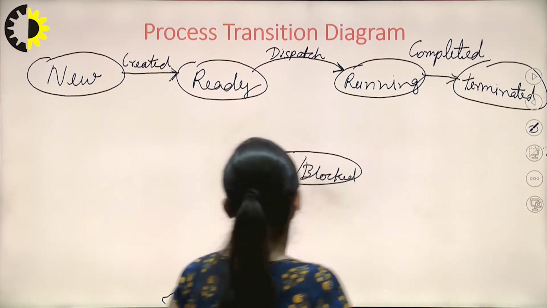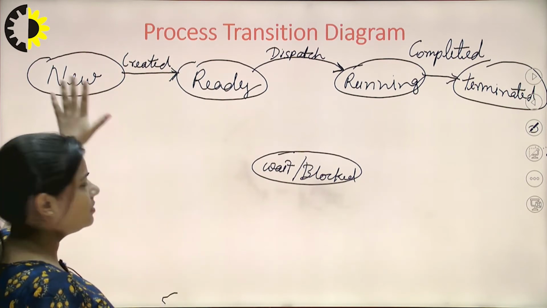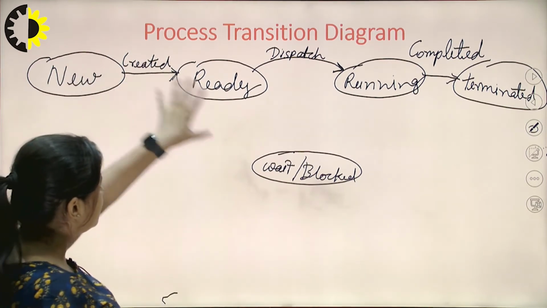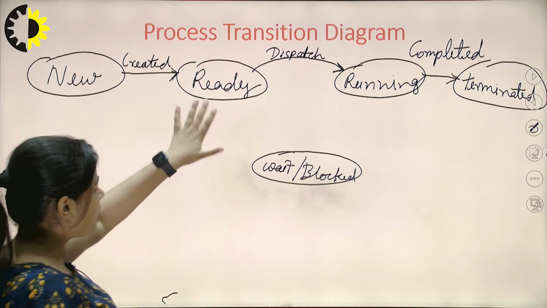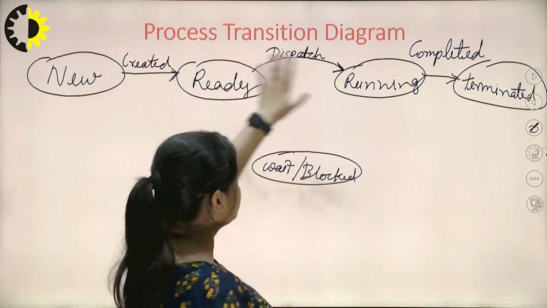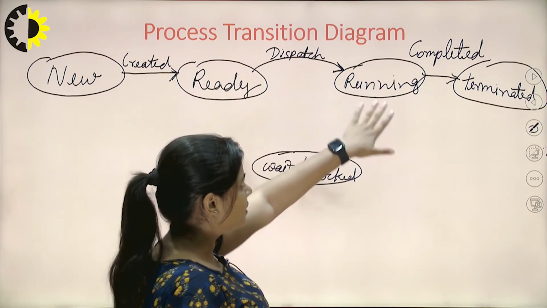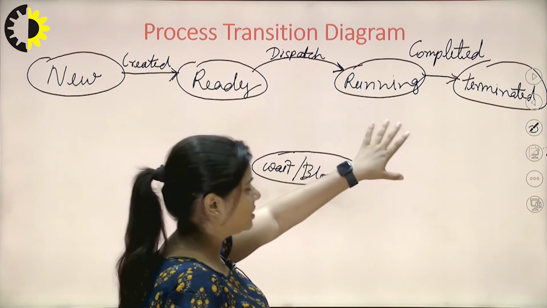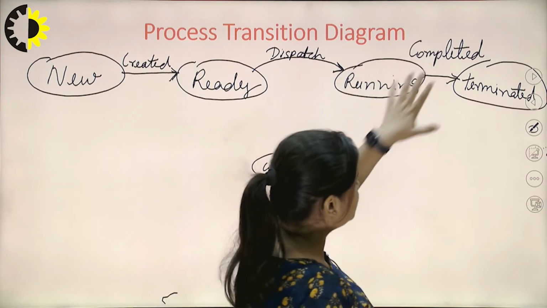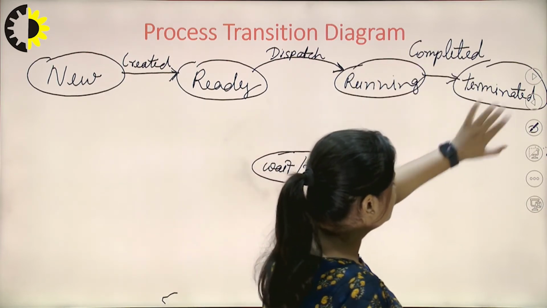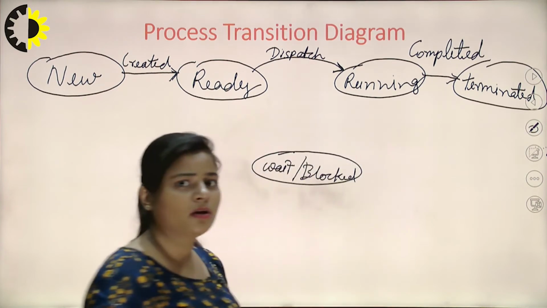Okay. So a process gets created in new state, it gets ready in ready state, after dispatching from ready to running, and here in running state it is executing its task, and after completion of the task it moves towards the terminated state. Okay.